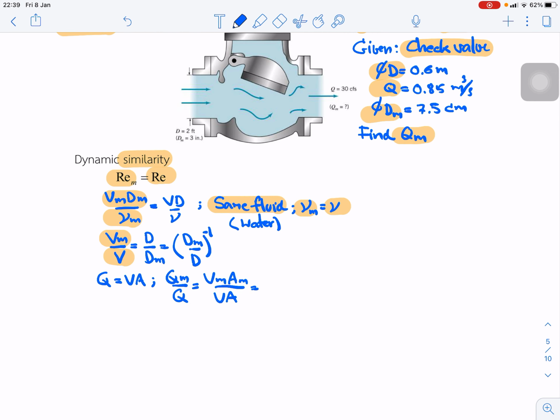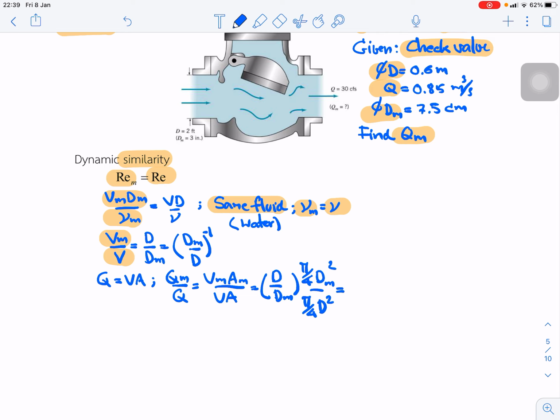We substitute the ratio of Vm and V, which is D over Dm, and for the area, pi over 4 Dm squared divided by pi over 4 D squared.